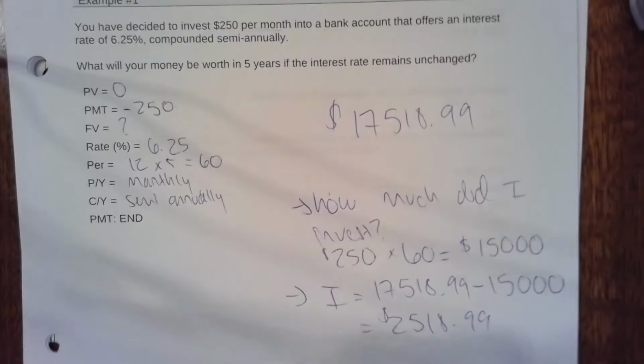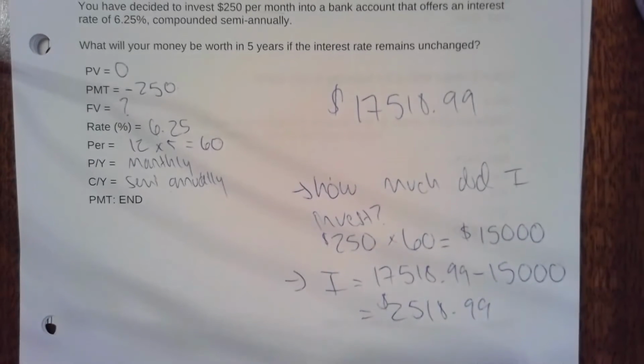That's a lot of money. Like, I'd be happy with an extra $2,000, $2,500. I'd be pretty happy about that. However, I did invest $15,000. That's a lot of money as well. So, it's definitely nice to invest that money and make money off your money, though, right? That's why we invest instead of just holding on to it.